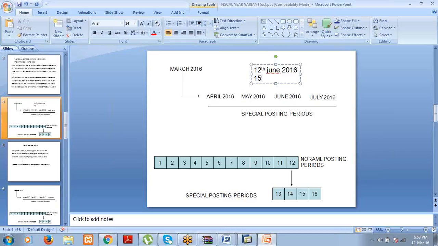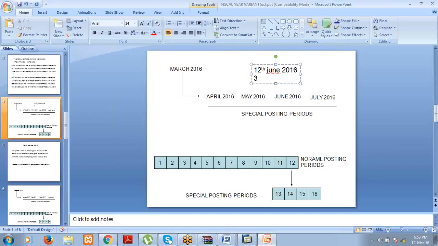Yes, Giri. Giri is asking me to repeat again. At the time of posting every business transaction, the user has to enter the period number, right? In this case, if the user, meaning the employee, enters the period number 3, then the system understands that this is a business transaction relating to the current fiscal year 2016-2017.